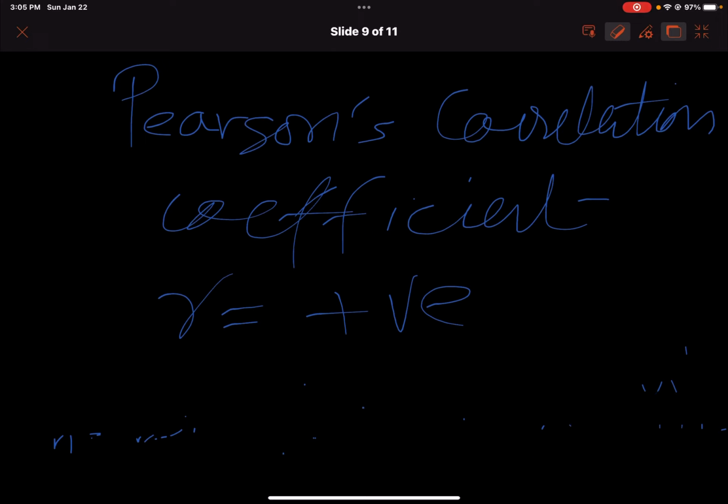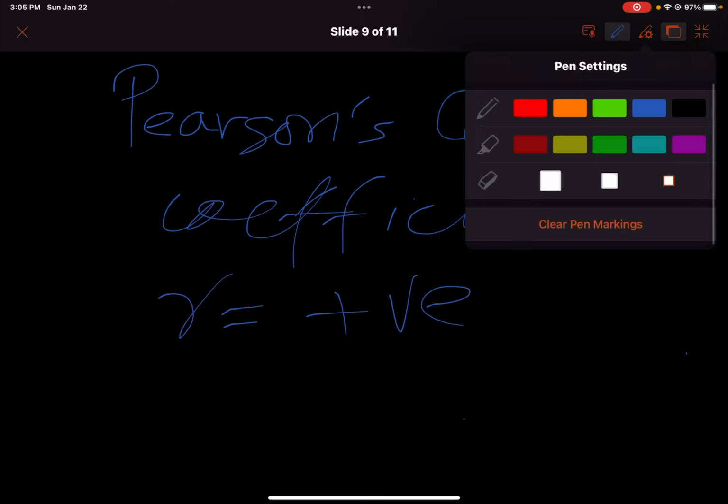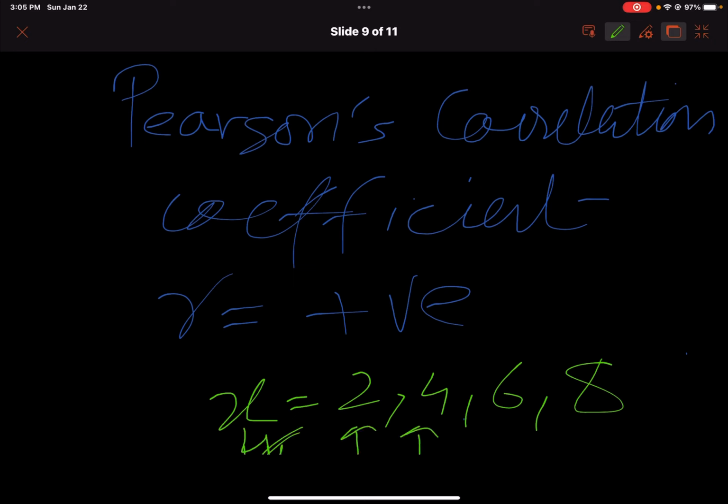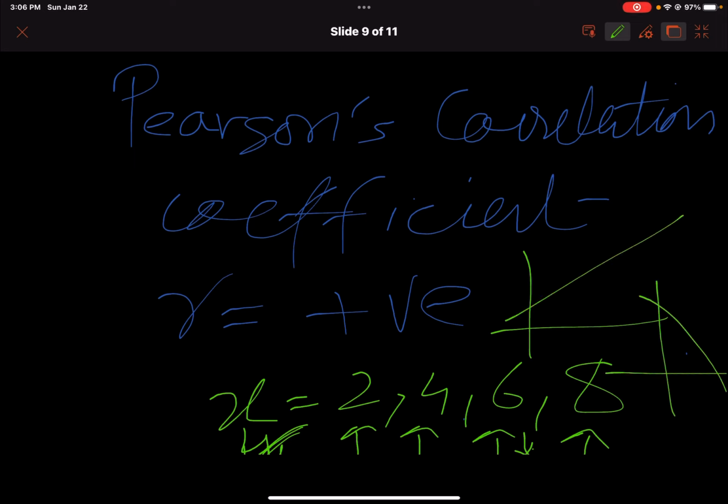So in general, not all points will fit this explanation. Not all values of 2, 4, 6, 8 would be represented by an increasing value of Y. Some of them may decrease, maybe less with increasing X. So the idea of Pearson correlation is to understand the general trend, whether it is moving upwards or moving downwards.